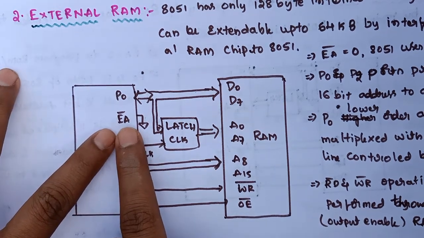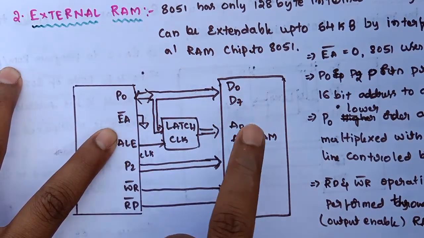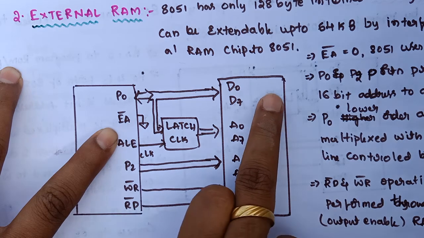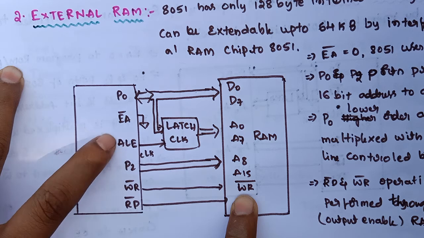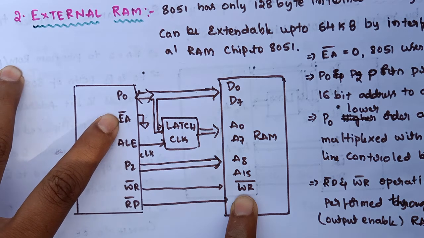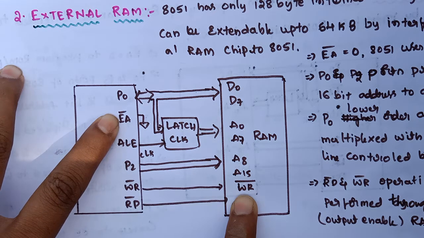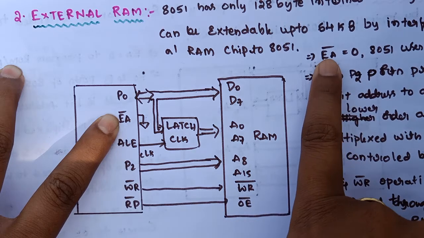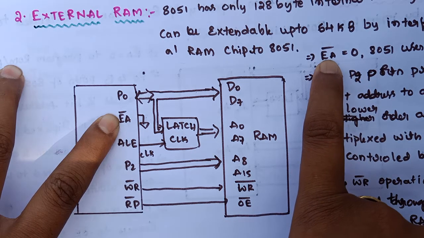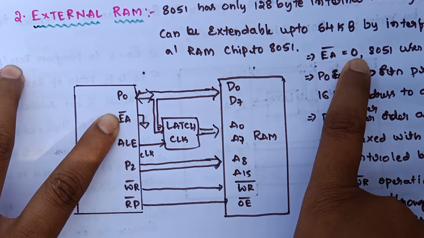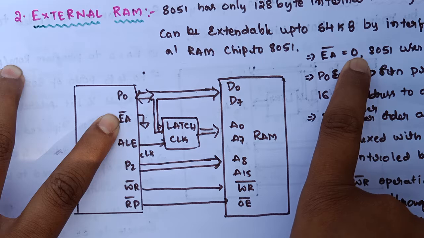So in order to enable the communication or fetching the RAM locations by 8051, we need to use one control pin, that is EA. EA is nothing but external access. This is an active low pin, that means it will get activated by giving zero potential to this pin.